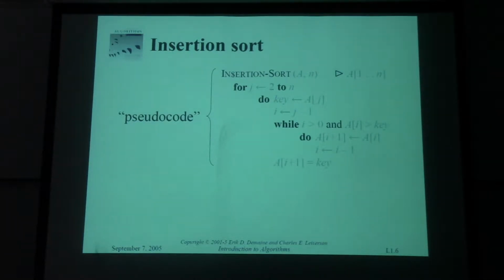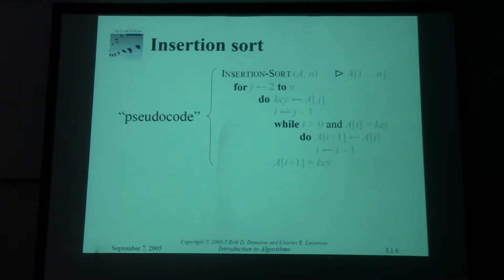I'm moving that element that's greater than the key forward. Because if it's greater than the key, then the key is less than that. It belongs here somewhere. So I'll move it, and then I'll move i to the left. And if i is still 1 or higher, and the element at i is still greater, then copy that element forward too, leaving a space for the key.